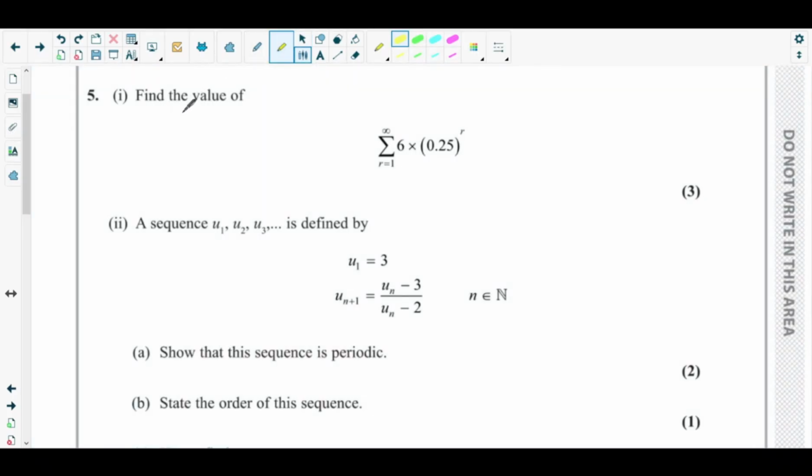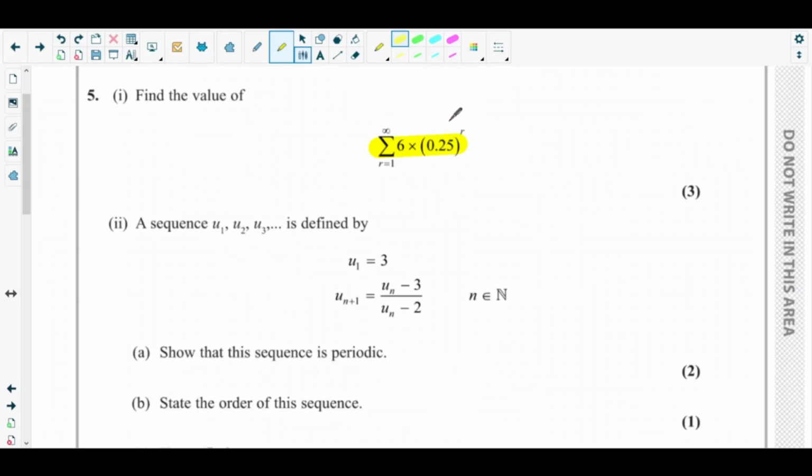Okay, part 1: find the value of the summation from r equals 1 of 6 times 0.25 to the power r, from the first term till infinity. So we need the sum to infinity.